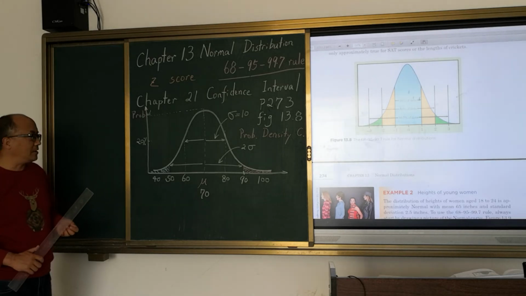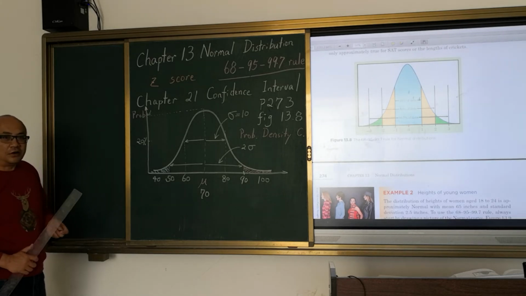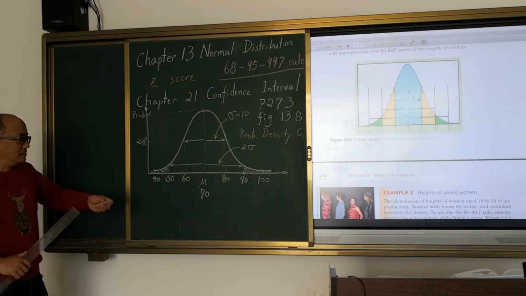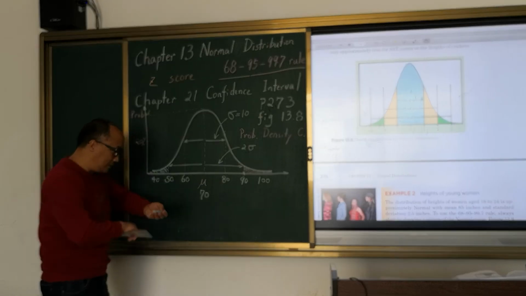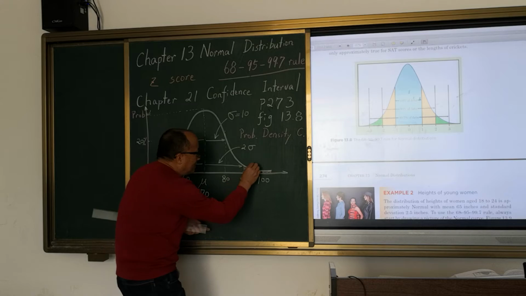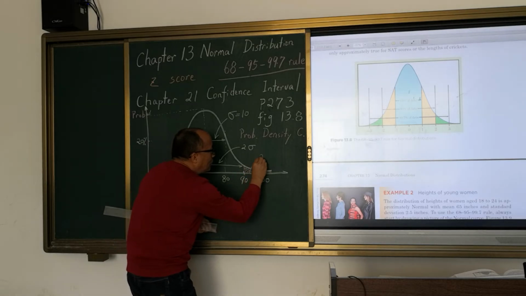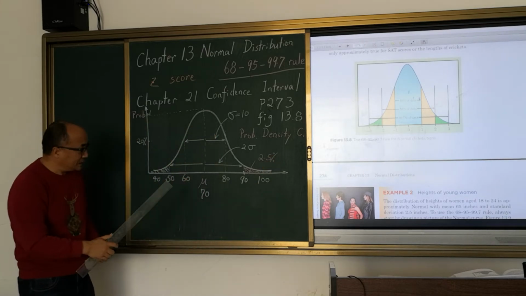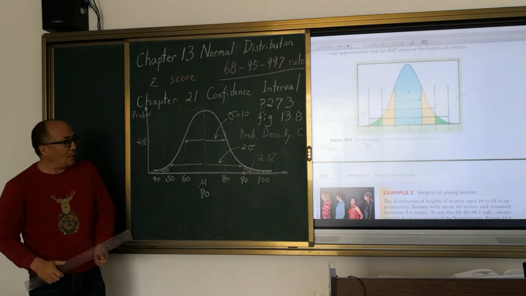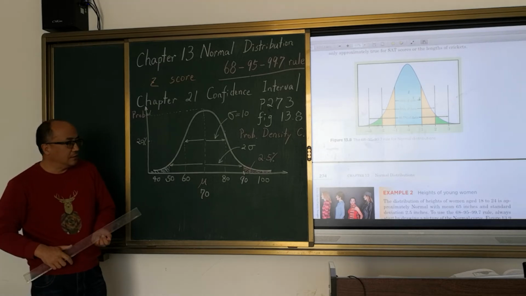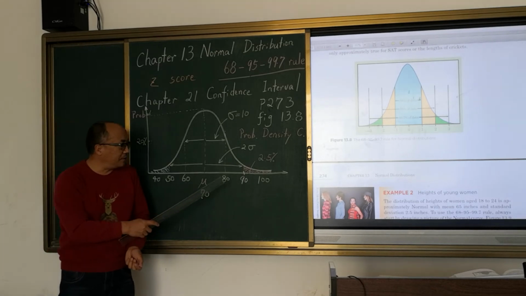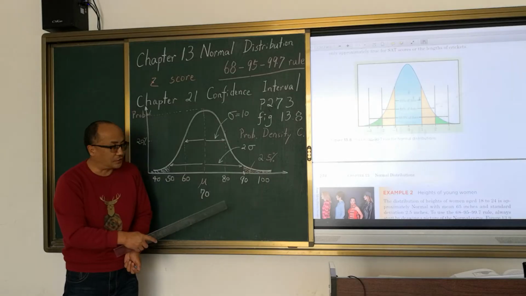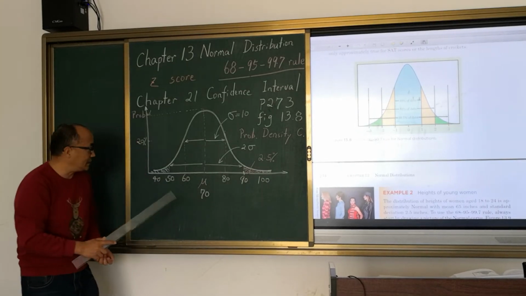So for a random student, the probability of scoring higher than 90 is 2.5%.